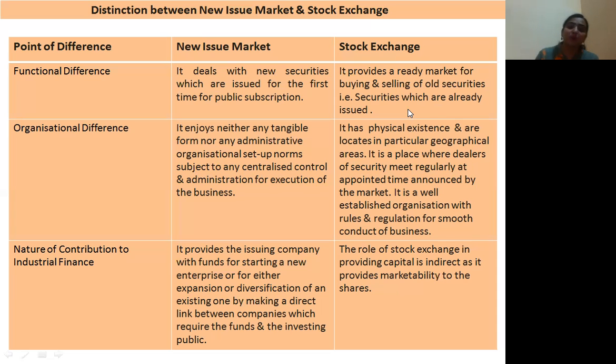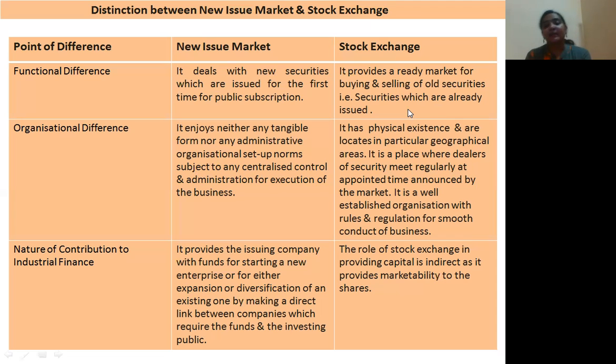There are no norms which can centralize or control the new issue market, and no centralized control and administration for execution of the business. So in simple words, it does not have a tangible form. It does not have a fixed place, and it does not have centralized control and administration.